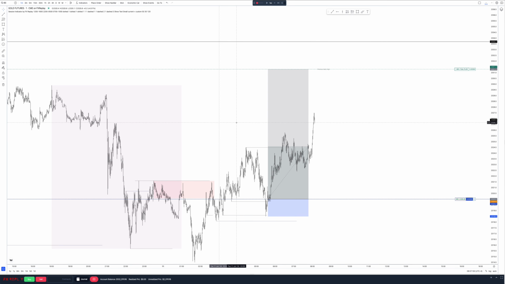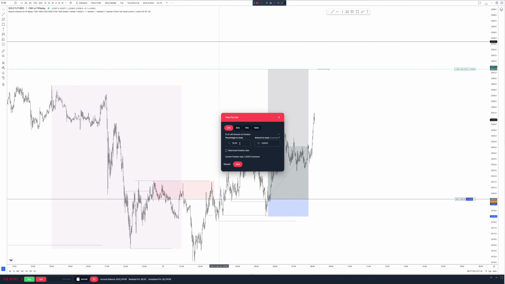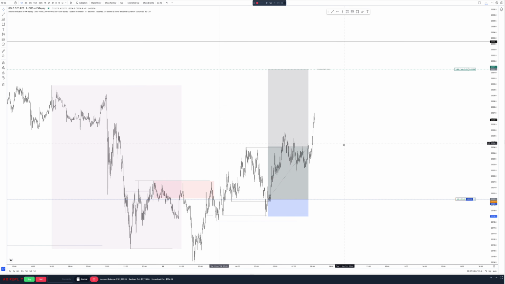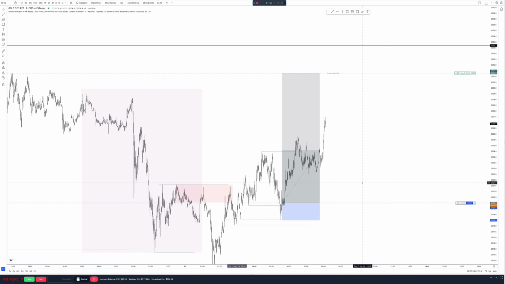Honestly, now that this high got taken out, I want to be taking partials, so let's see. It works. Oh, okay, that's how you take partials. I'll take about 75% off here and then hold the rest to the highs. Save. Okay, so I believe 75% was taken off, and the rest I'm gonna hold to these highs over here.